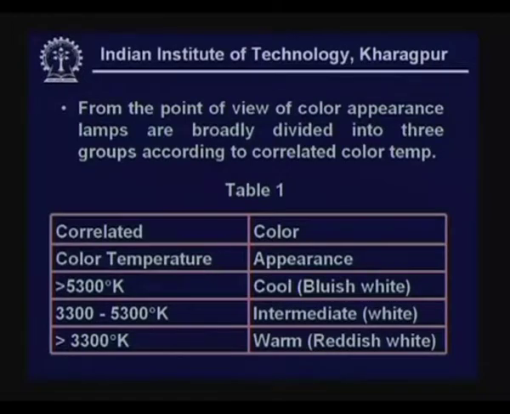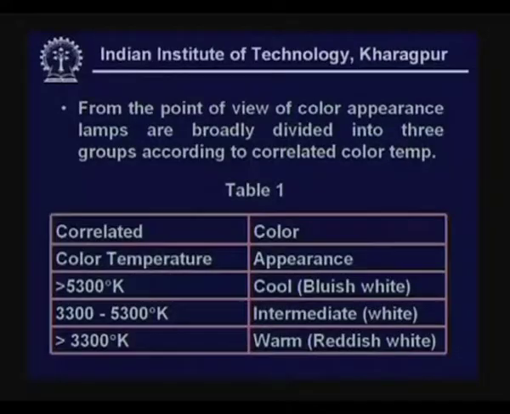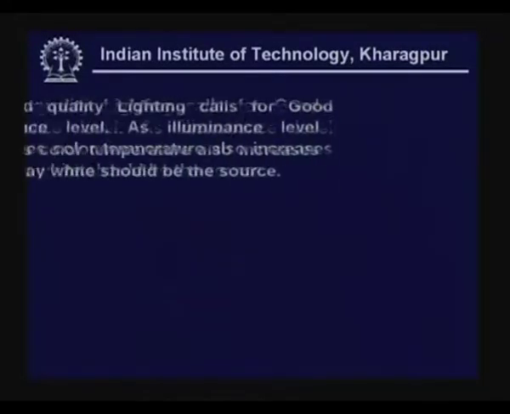The last row should be less than 3300 degree Kelvin. This is the correlation between the color appearance and color temperature. Recall, color temperature is associated with a particular source radiation, that temperature at which a perfect black body, if heated, would radiate similar color radiation.